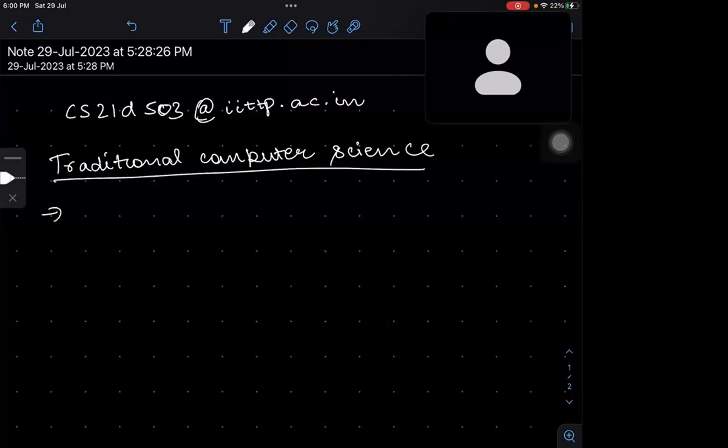What we used to do was program the computer for every task earlier, traditionally.